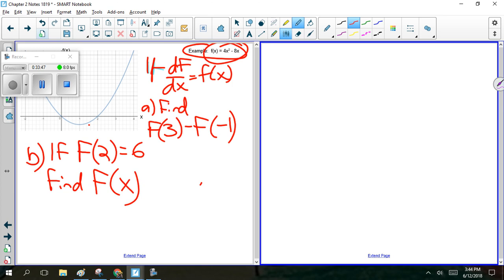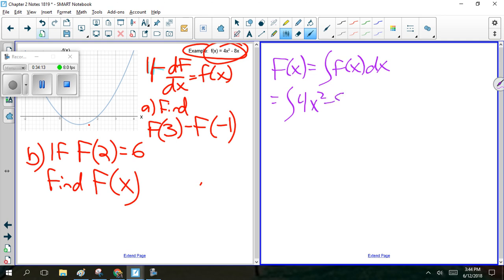Part B, same idea. So to do part B, let's see. I know that capital F of x is the integral of little f of x, dx. Notice, no bounds here, right? Because this is now an indefinite integral. So that's the integral of (4x squared minus 8x) with respect to x. I guess I should put parentheses in here.